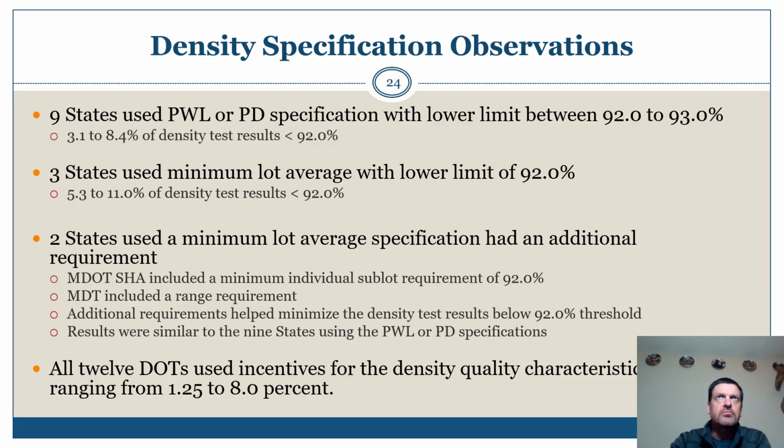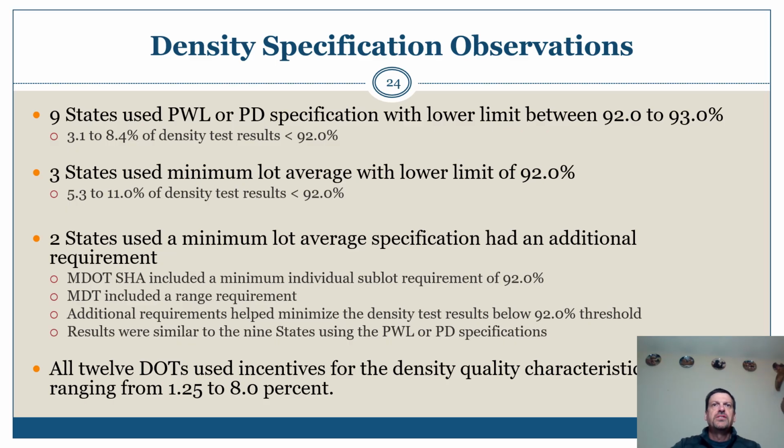Now this slide summarizes the data. 9 states that use PWL, or percent defective, which is essentially the same thing, with lower specification limits between 92 and 93, had a range of 3.1 to 8.4% of the density test results below 92%. 3 states use the minimum lot average with a lower limit of 92%, and they had between 5.3 and 11% of the density test results below 92%. 2 of the states that use minimum lot average also had an additional requirement, for example, a minimum individual sublot average.